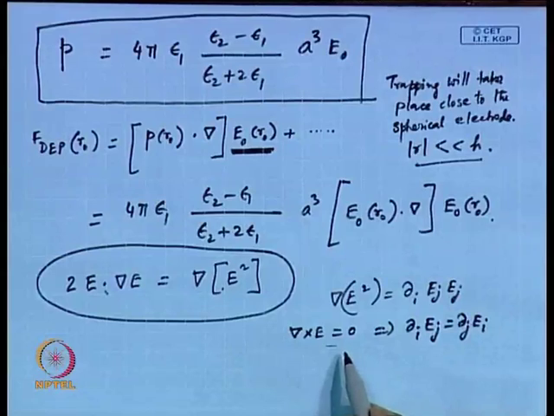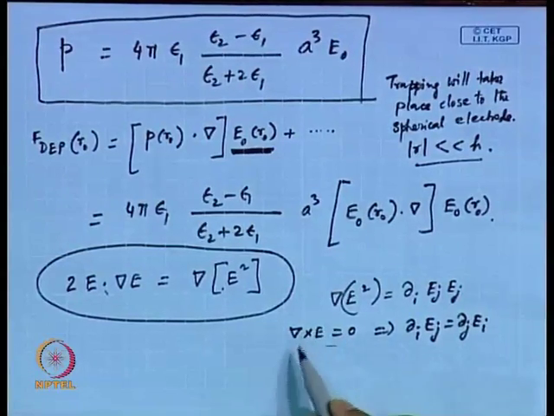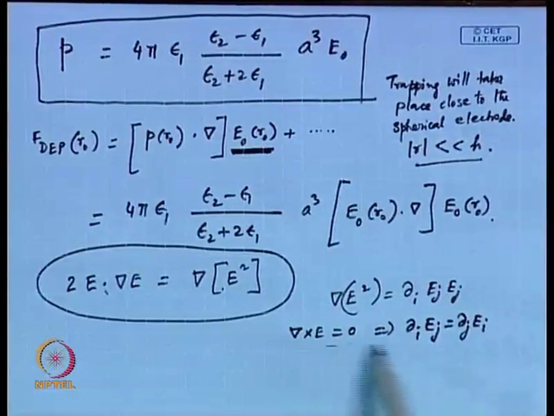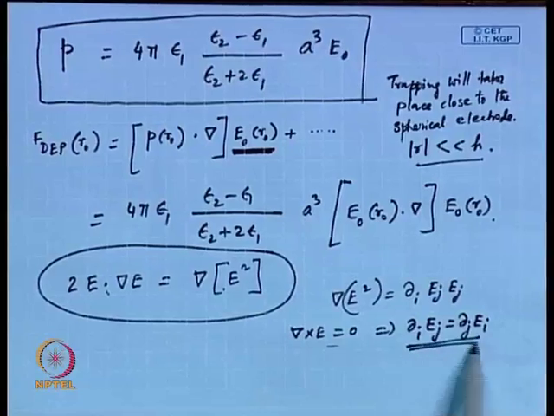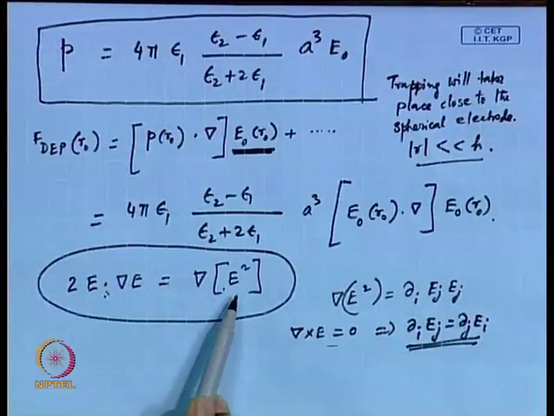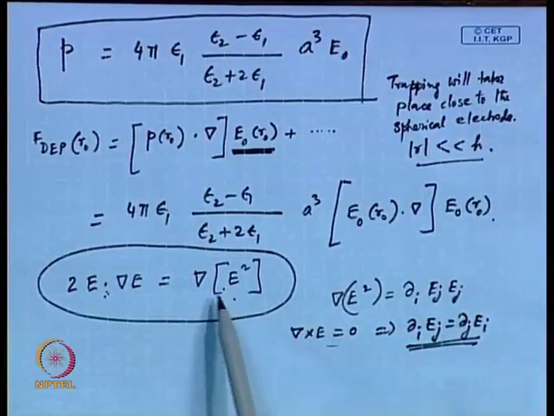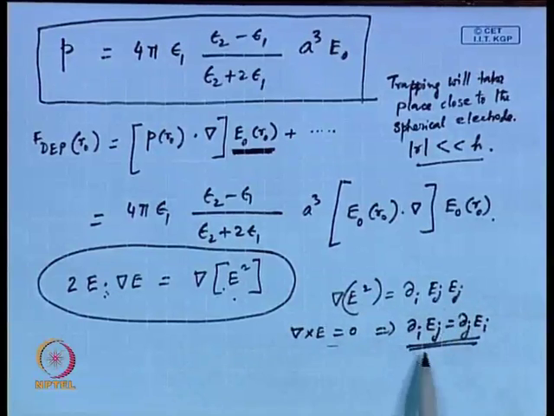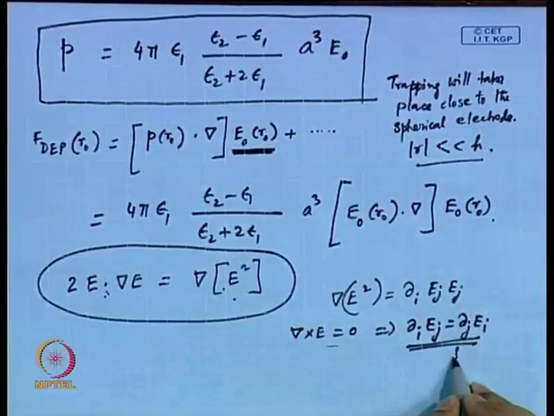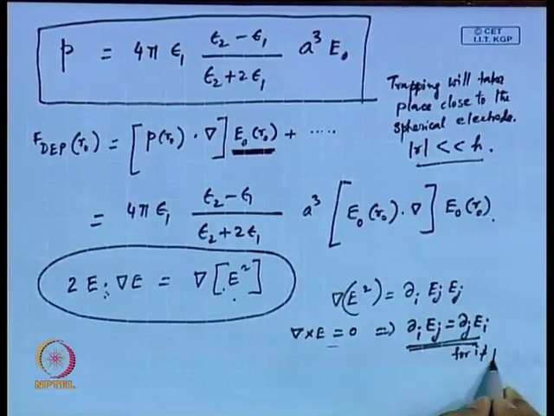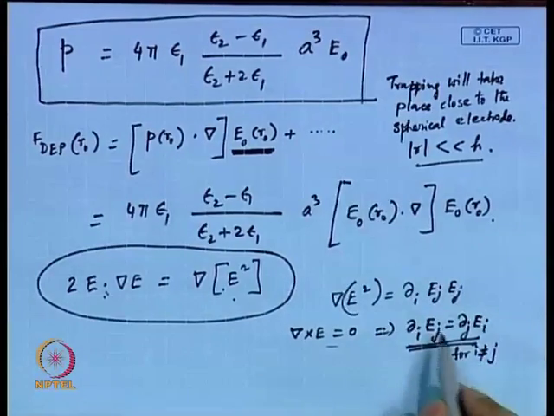If del cross E is equal to 0, you know how a cross product of a vector works, and that means this has to be satisfied. If this is satisfied, then only you can equate the left hand side with the right hand side, because the right hand side is basically this quantity. So, other cross terms can be taken off, this being for i not equal to j.